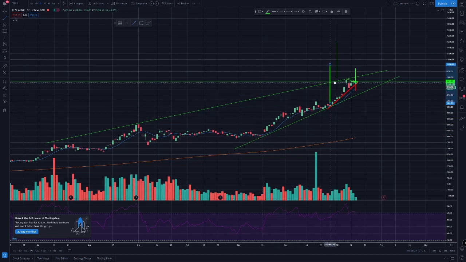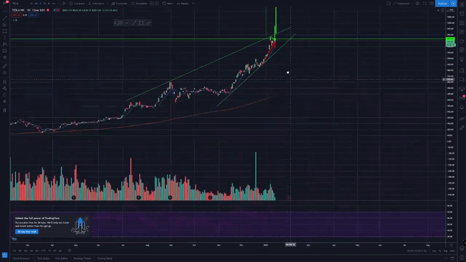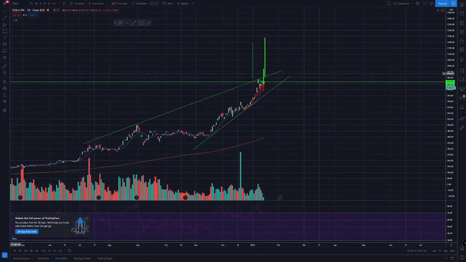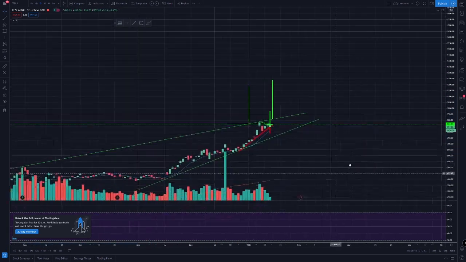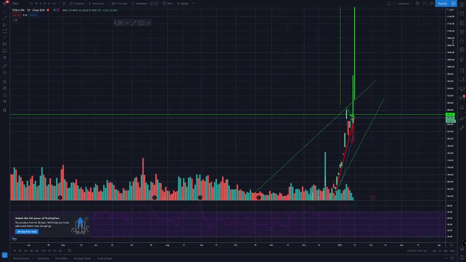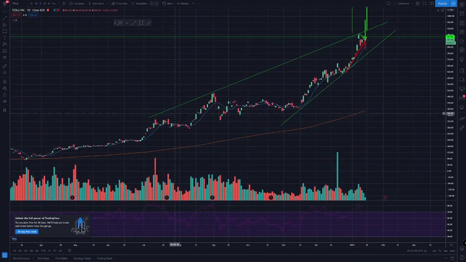Once we break there, then we can start this target, if that's what's happening. And then the other crazy thing, like I said, if it broke to the downside of this one, which it doesn't look like we're doing right now. If anything, we might test it, but also be aware that this is a bearish pattern.